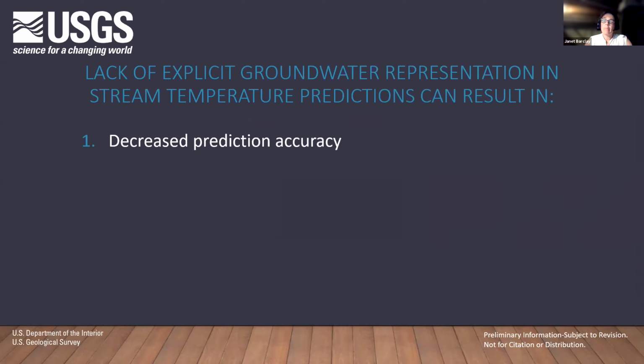These errors might be expected to become greater for predictions under future climate conditions for some reasons that I'll discuss in a few minutes. But second, even if the predicted temperatures are relatively accurate, resource managers are hesitant to base decisions on a model that lacks a groundwater component because they know that groundwater is an important driver of stream temperatures.